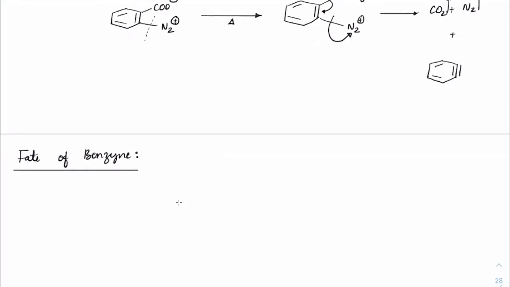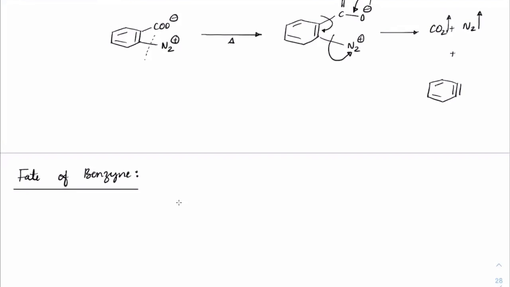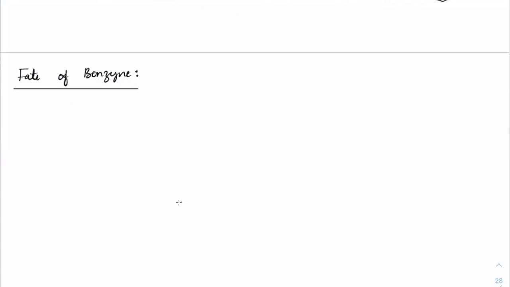See, benzyne is also highly unstable because there is this sp2 pi bond which is formed, but that is not a very stable pi bond. Got it?